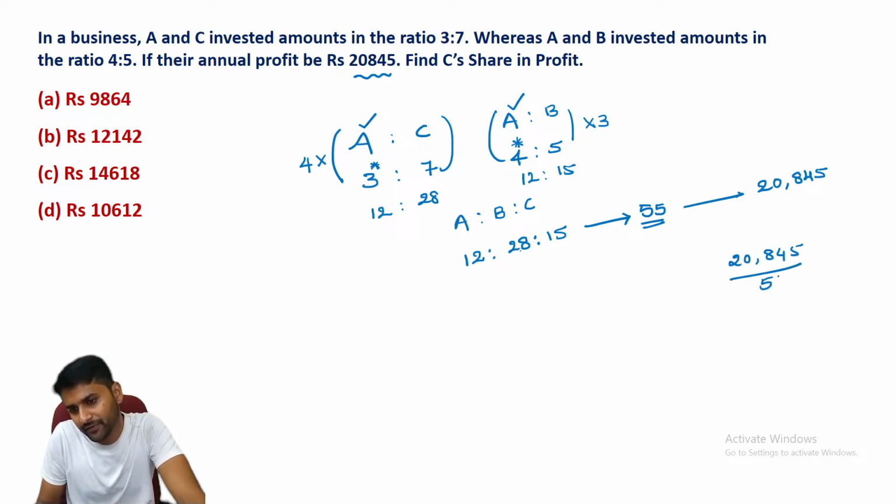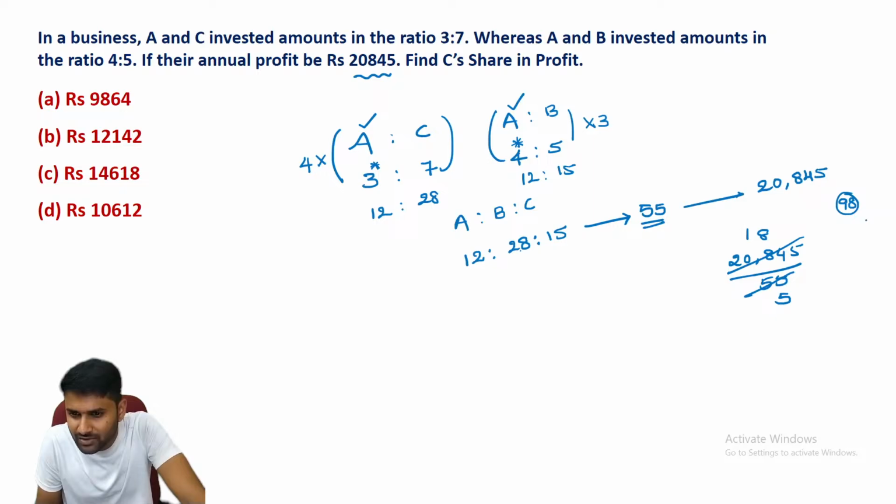20,845 divided by 55. Let's just go with the 11 table. 11 fives, 11 ones, we have a 98. 11 eights, we have an 88.